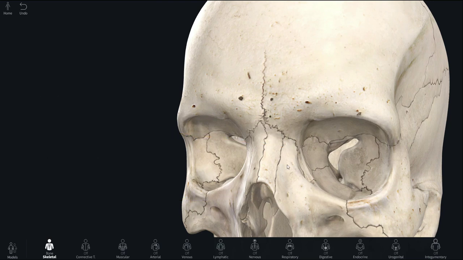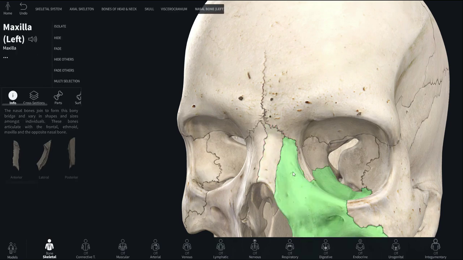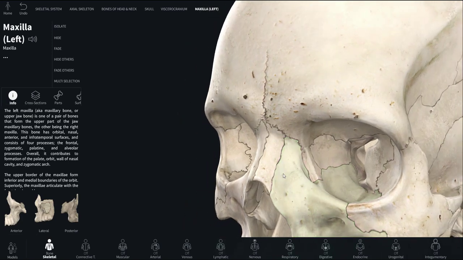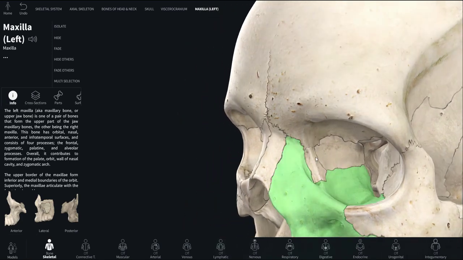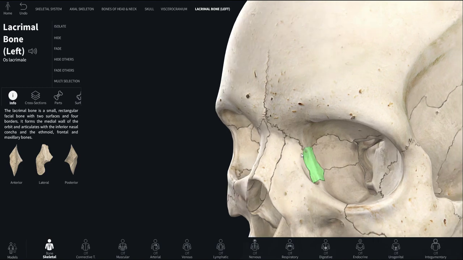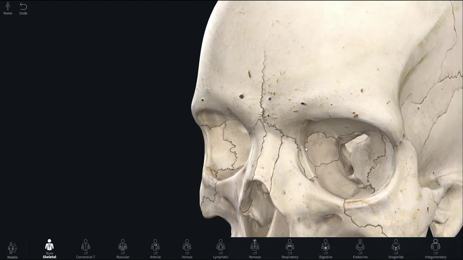So this is the nasal bone, this is the maxillary bone or the maxilla, and a little bit more lateral, this over here is the lacrimal bone. Yes, so the lacrimal bone is the most lateral attachment to the nasal boundary or the nasal part of the frontal bone.